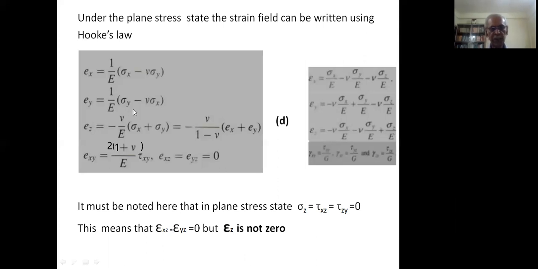Epsilon y is 1 by E (sigma y minus mu sigma x). Again, there is no sigma z. And epsilon z, you see, sigma z 0 does not mean epsilon z is 0. So epsilon z will be there, and that is equal to minus mu by E (sigma x plus sigma y), because sigma z is not there.